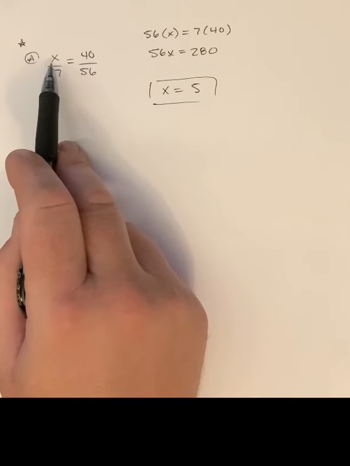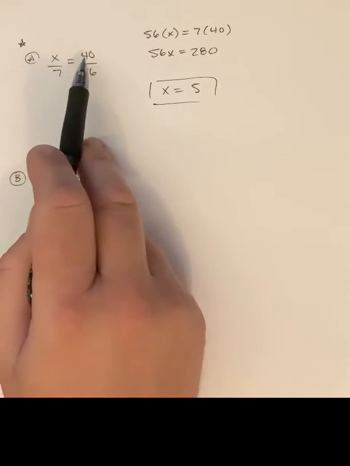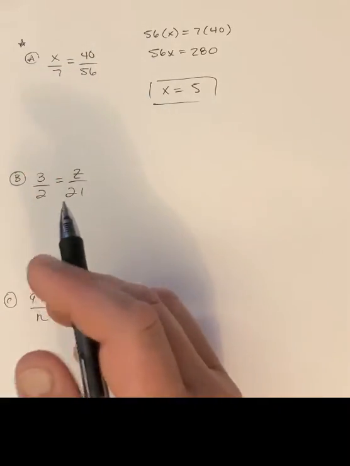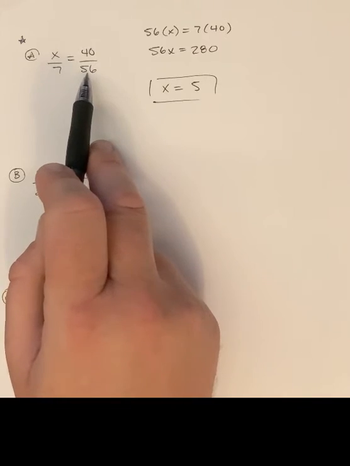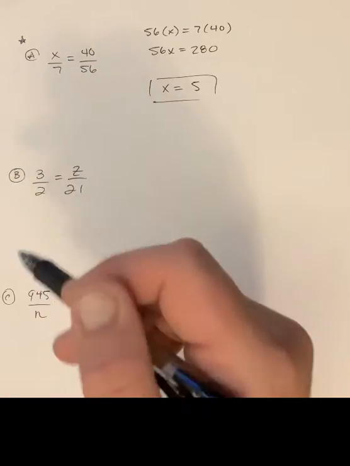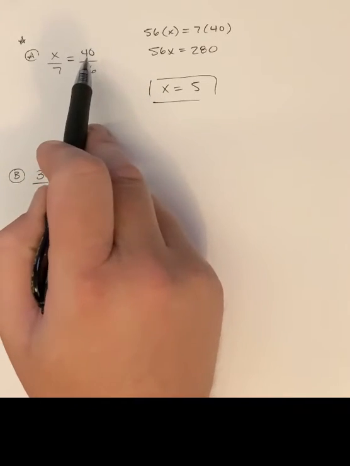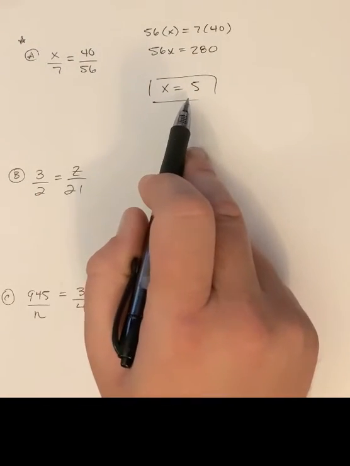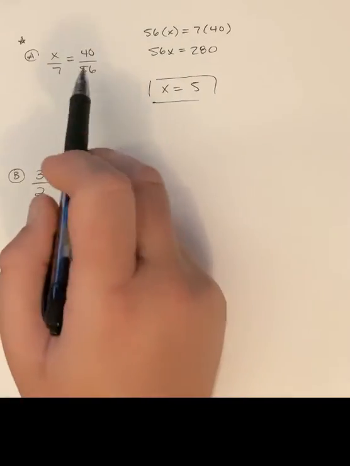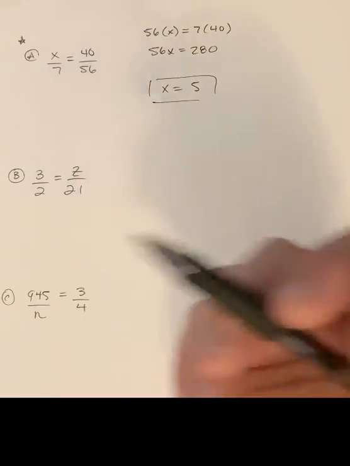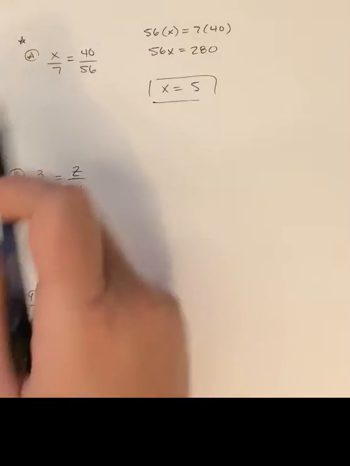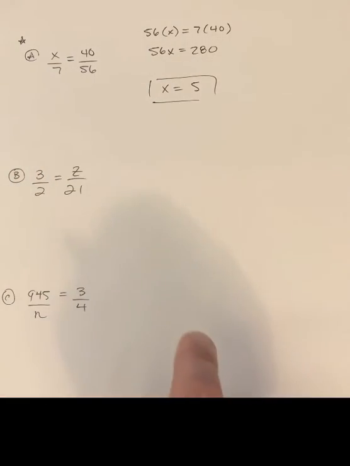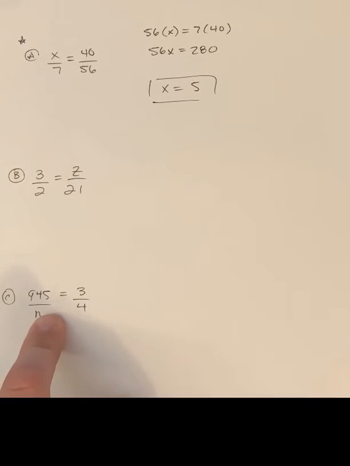So whatever x is, I'd have to multiply it by 8 in order to get 40. It might even be easier to think the other way. If you divide 56 by 7, what do you get? You get 8. All right, so what's 40 divided by 8? x is going to be 5. So as long as all 4 pieces in your proportion are whole numbers and you can turn one value into the other, a lot of times you can do a shortcut like that.